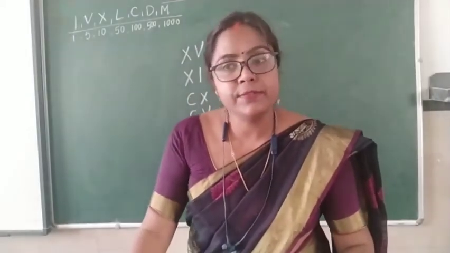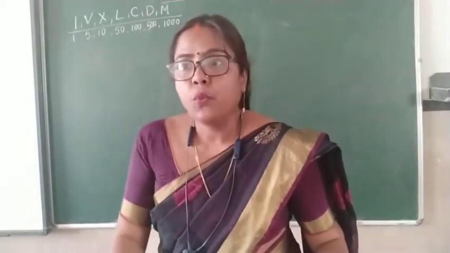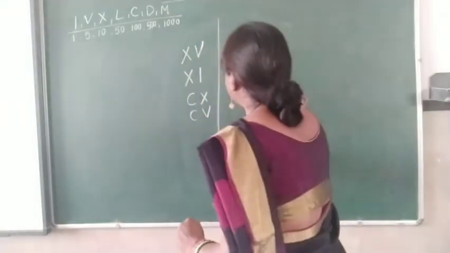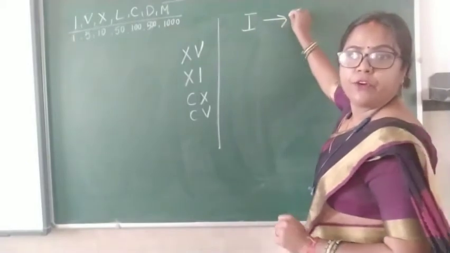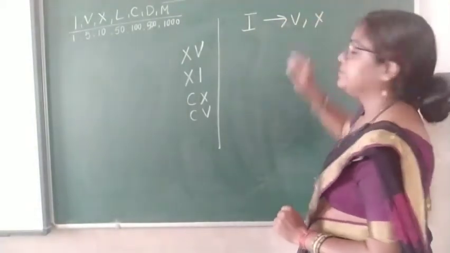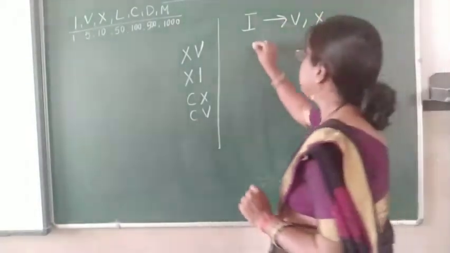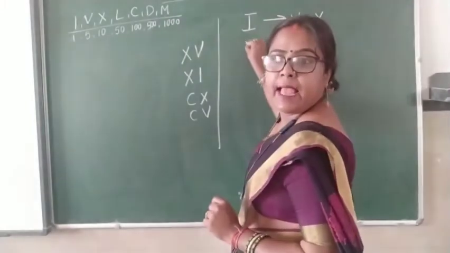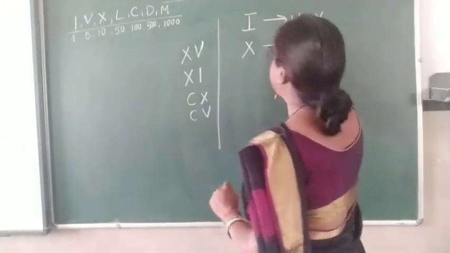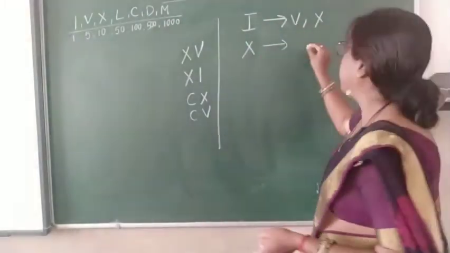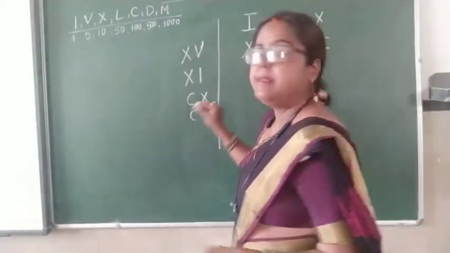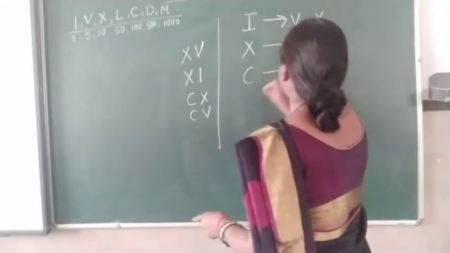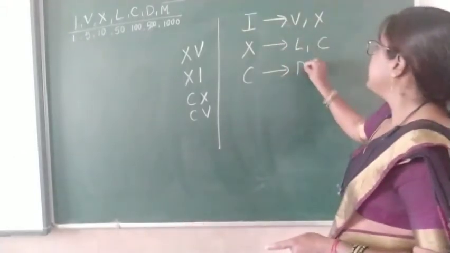But in case of subtraction, there are some rules. What are the rules? I will be subtracted only from V and X. X will be subtracted only from L and C. Similarly, C will be subtracted only from D and M.